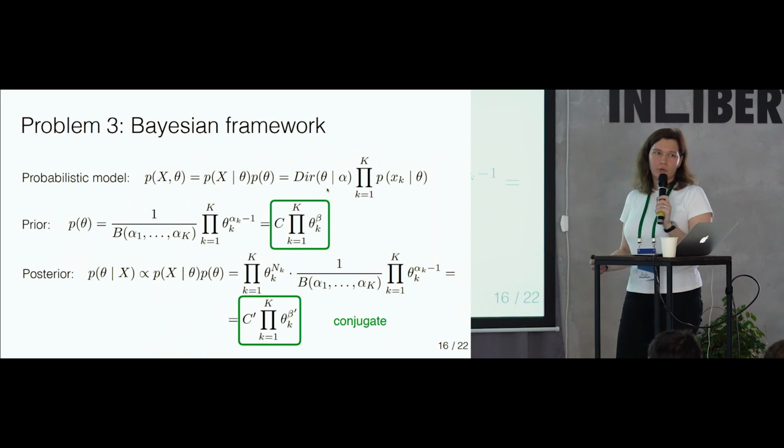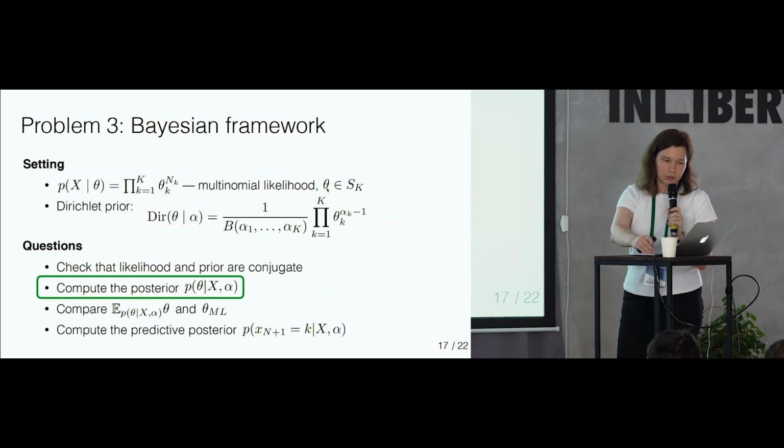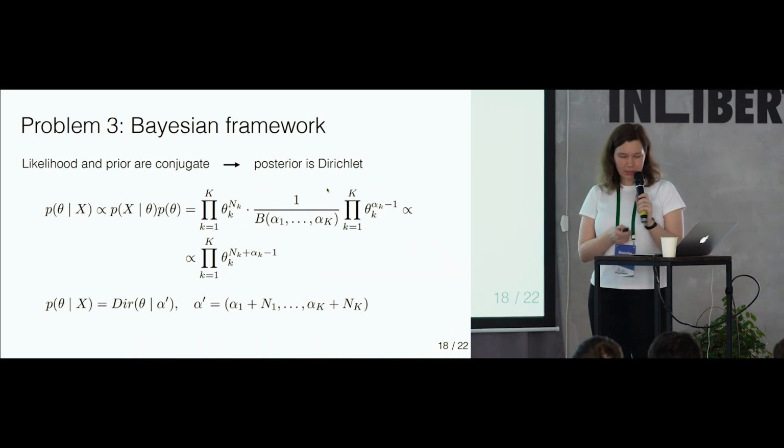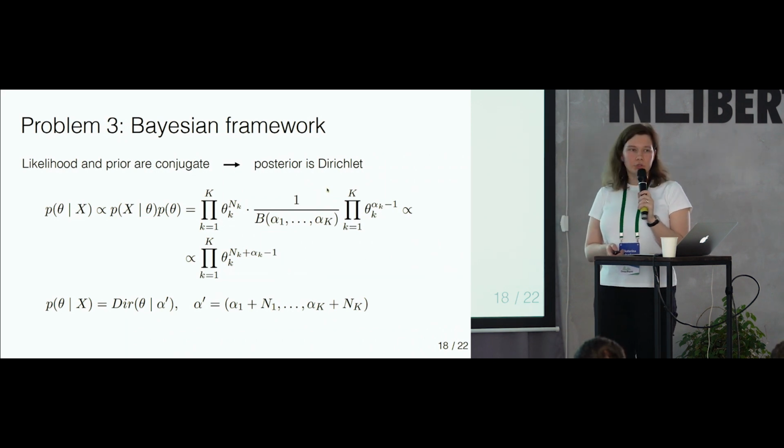If our prior and likelihood are conjugate, we may use full Bayesian inference. So we use the Bayes rule, and since our likelihood and prior are conjugate, we don't need to compute the denominator, the normalization constant, because we already know that our posterior will be Dirichlet. It's the same as the prior, okay? So we just need to compute the new parameters of a Dirichlet distribution.